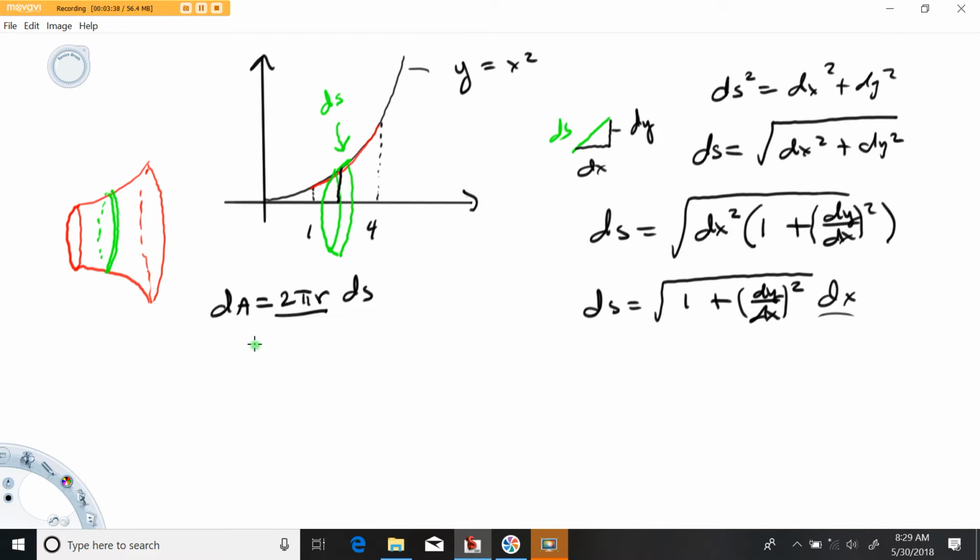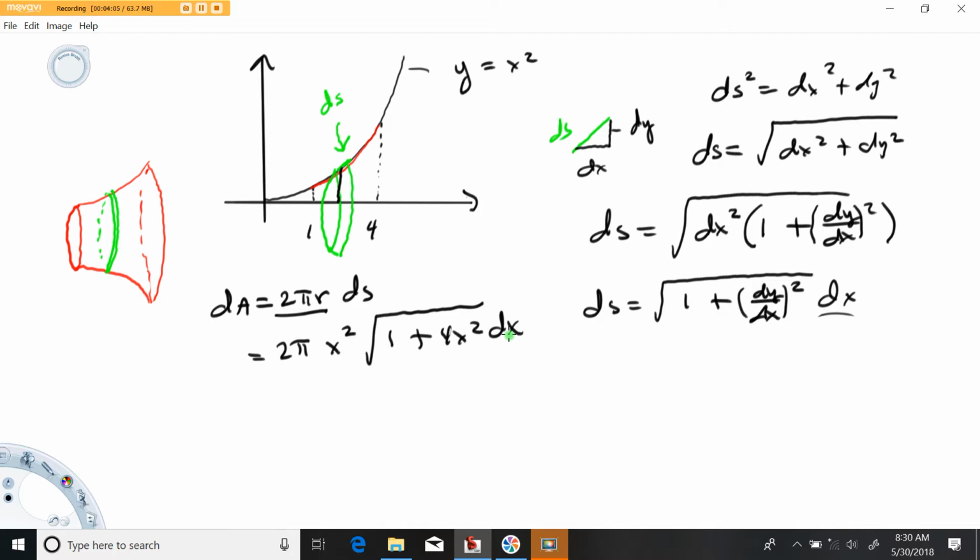Now specific to our example, the radius is equal to the function value, which I'm going to go ahead and put as x squared, because this would equal y. And for ds, I'm going to write the square root of 1 plus dy/dx squared. dy/dx for this function is 2x, so this is going to be 4x squared dx.